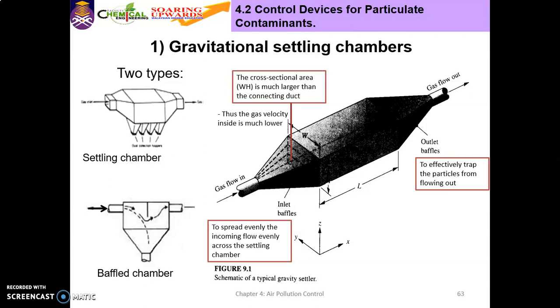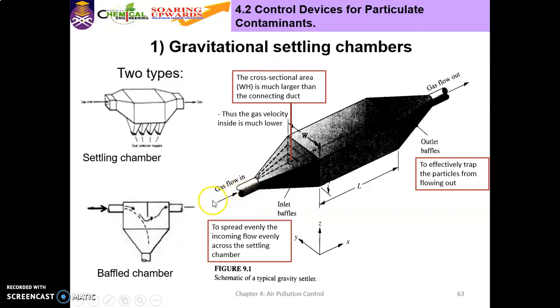Okay, now look at the first one, the gravitational settling chamber. So this equipment uses gravity force. If you look at the diagram, the gas flows in coming from the left side. This is the gas flow in. This is our air pollutants.